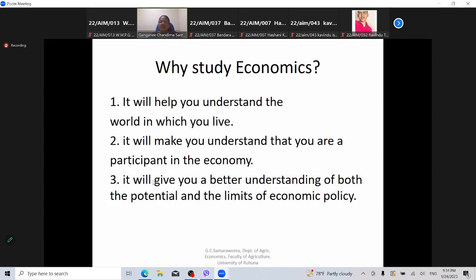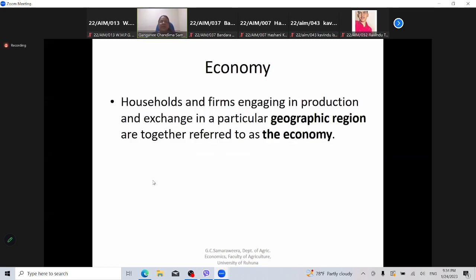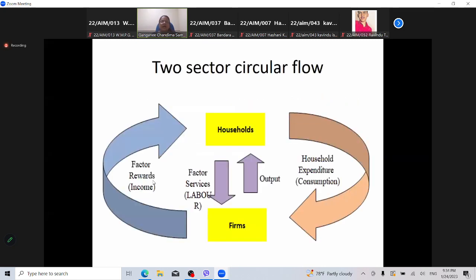It's a challenge. Then we discussed the economic activities conducted by households and firms. The system or geographic location we call the economy. So we discussed the circular flow, the way they are trying to balance as a flow.